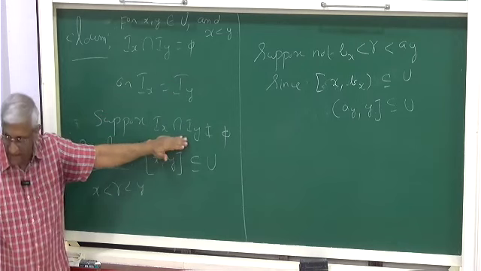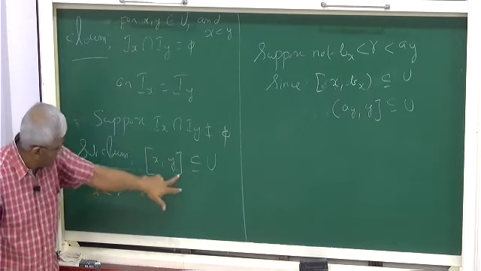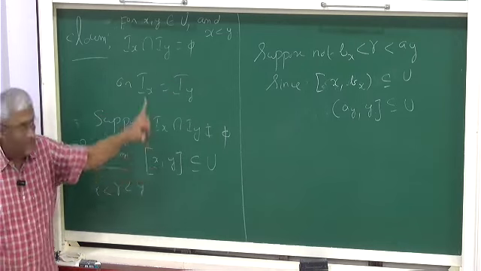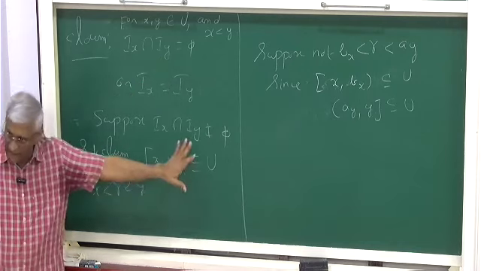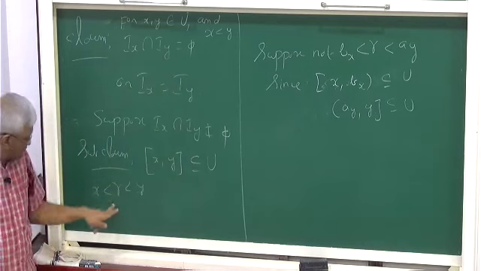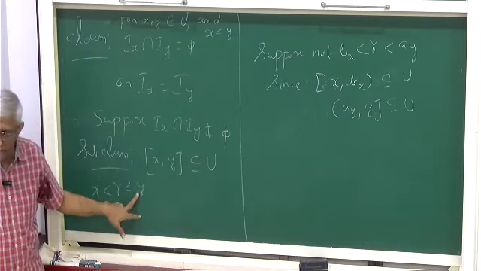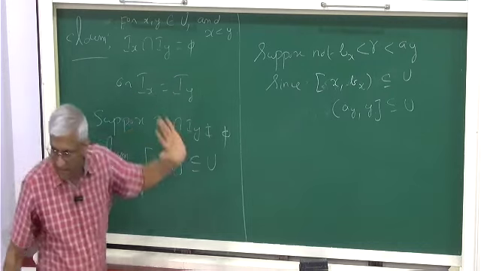Suppose the intersection is not empty. I claim that for x an element and y an element, the closed interval xy is contained in U. Of course, the endpoints x and y are already in U, as we have assumed. So we have to prove that every r greater than x and less than y is in U. Suppose not.